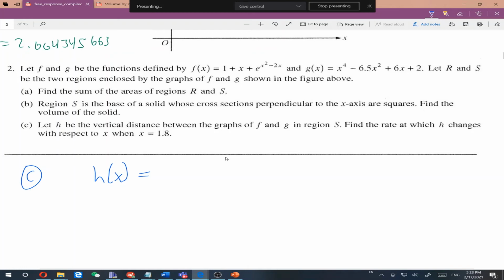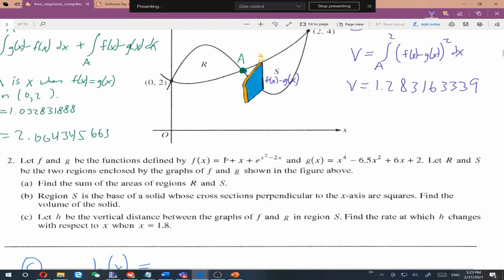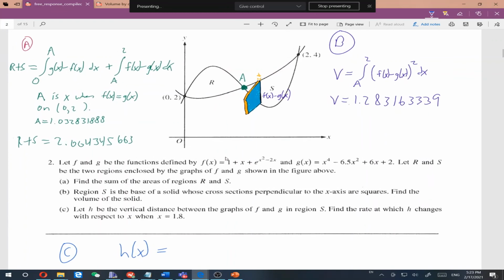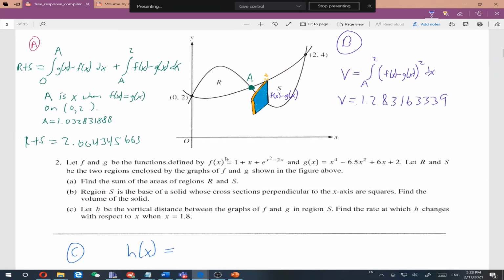So, is it the difference between g of x and f of x? Would be except we're in region S, not region R. Oh, difference between f and g. f and g. Okay, so that's f of x minus g of x.